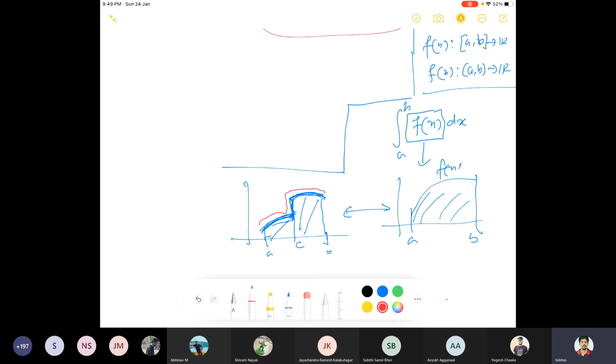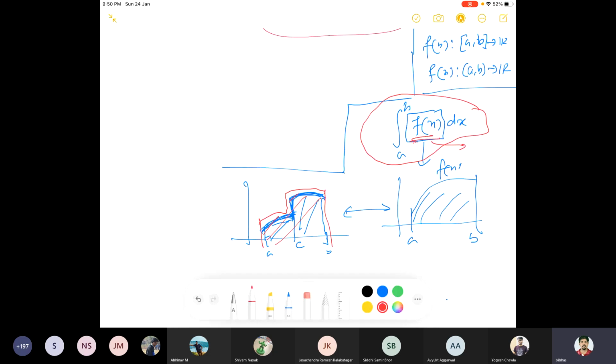So the question is, can I consider the entire area under this as the area under this function, although the function is discontinuous? And this is a very basic fundamental question. The question is now, under what condition of this function f can I calculate this, the continuity of this function f, small fx, the integrand.